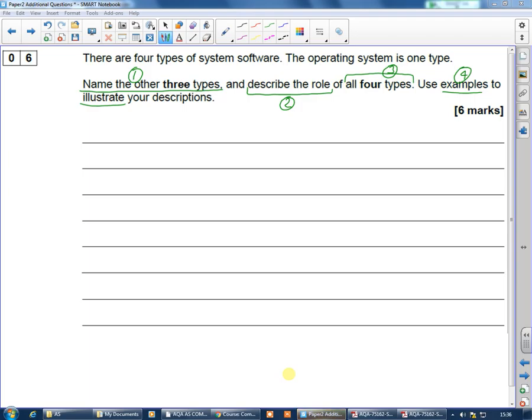Right, so let's look. So the other 3 types, so I'm going to use a sentence to start with. The other 3 types are translators, utility programs, and library programs.